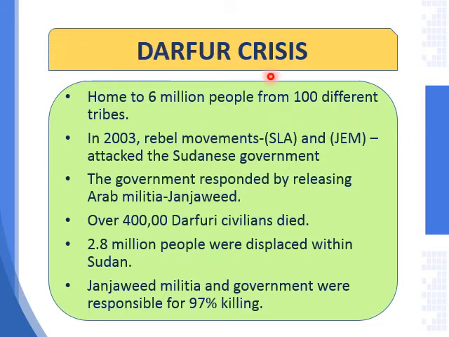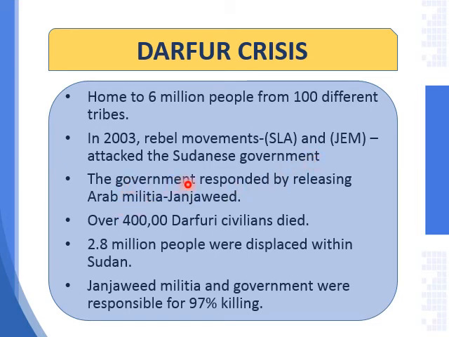The Darfur crisis. They are home to 6 million people from 100 different tribes. In 2003, two Darfur rebel movements, the Sudan Liberation Army and the Justice and Equality Movement, attacked the Sudanese government on terms of not acting in quarrels in the area.